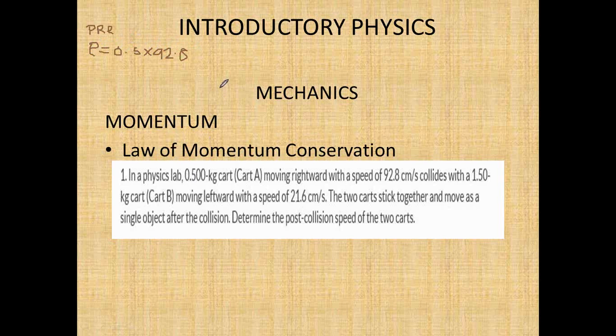Because it's moving leftward, it's going to have a minus sign. Remember, velocities moving leftward or downward are negative. So the mass is 1.5 times the velocity, which is 21.6 centimeters per second. The sign is very important. If you don't put in the correct sign, it's going to be incorrect.